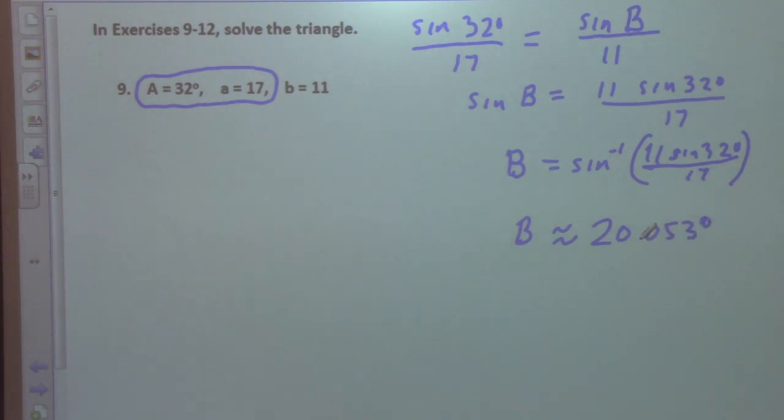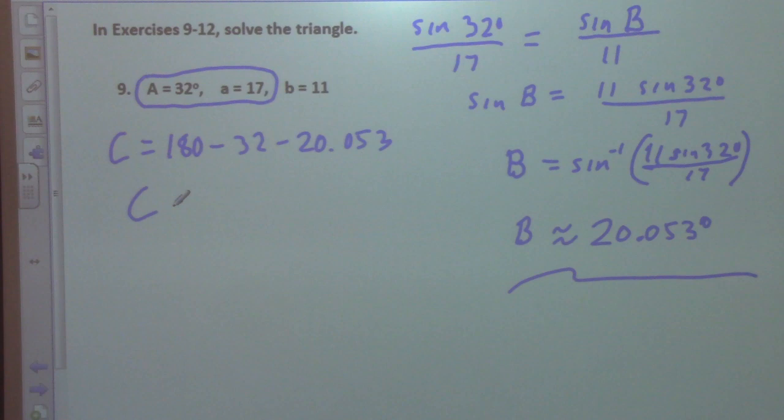So that's going to be angle B, and then angle C is equal to what? 180 minus 32 minus 20.053. So angle C is equal to 127.947 degrees.